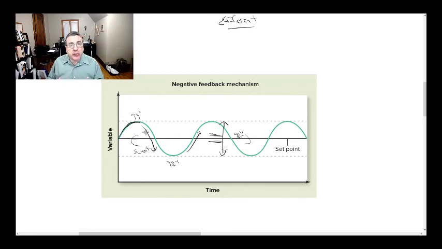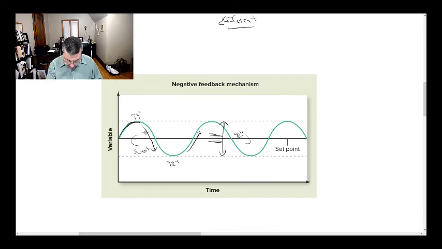Oxytocin goes to the breast tissue to release milk. Baby feeds, and the suckling continues until the baby's full. Then that stimulation stops, oxytocin stops being released, and the release of milk stops, okay? So that's another one. There's also blood clotting. Those are three big ones that we're going to look at as we go through this semester.